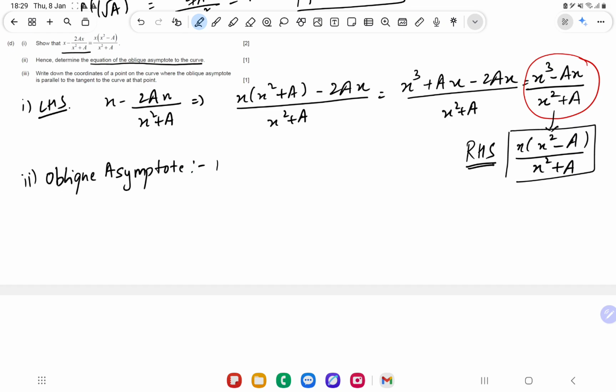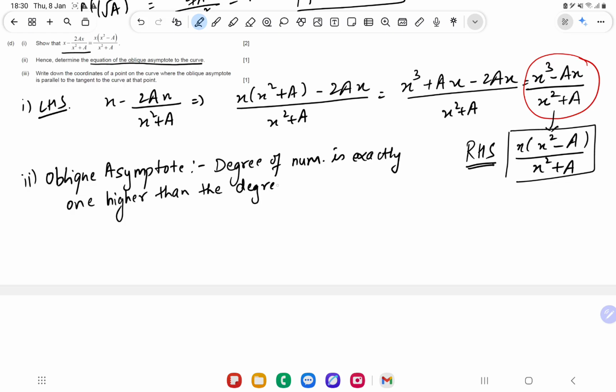Whenever in your given function the degree of the numerator is exactly 1 higher than the degree of the denominator, in that case you have an oblique asymptote. So in the above function, you can see that you have x cube in the numerator and x square in the denominator. It means this function will definitely have an oblique asymptote. And the equation will be y is equal to x.